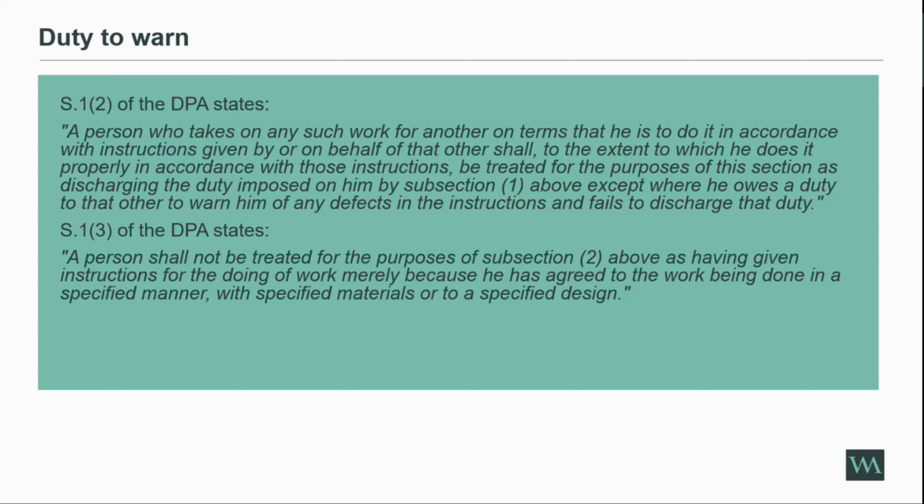It was quite a development in terms of how you procedurally bring a DPA claim, but it has quite big effects because it means now that there are quicker ways of dealing with these claims, and it's also cheaper. You don't have to go through the long process of litigation.